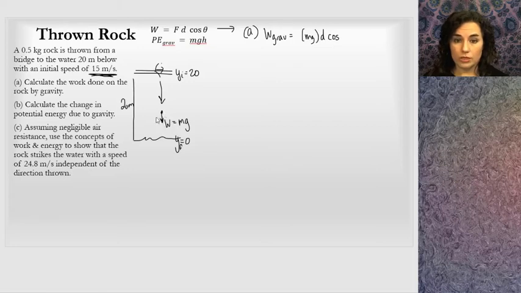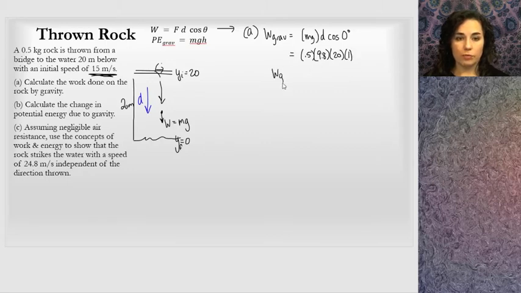Well, the displacement vector is downward. We'll see that. Displacement vector is downward. The weight force, the force from gravity, is also downward, so I get a cosine 0 degrees here. I'm going to plug in what I know. 0.5 for the mass, 9.8 for gravity. The distance is 20, and cosine 0 is 1.